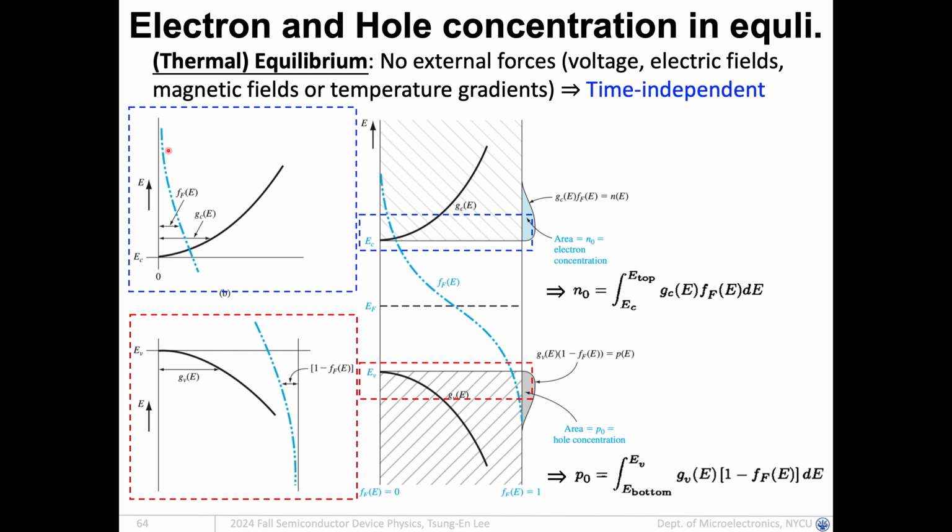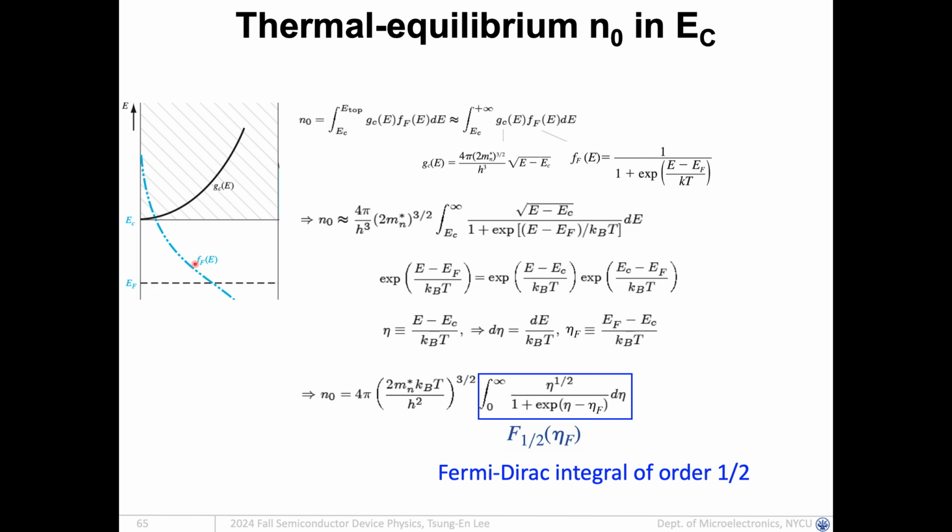And for electrons, we will look at the area of this region, that is the opposite region. So based on these figures, we can calculate with this formula a more accurate number from the integral of the density of states and the Fermi distribution.